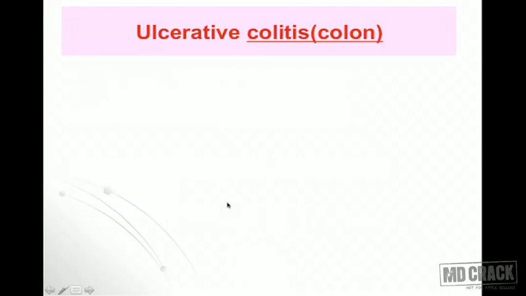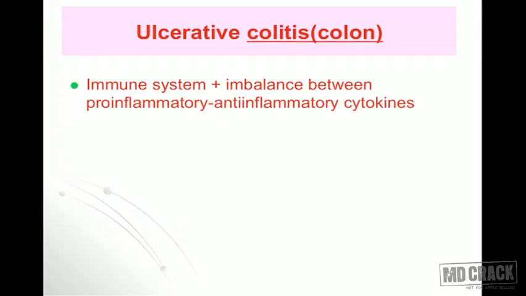Let's first sort out what are the drugs useful for ulcerative colitis. In ulcerative colitis, there are two issues involved. Number one, disturbances in the immune system. And number two, the imbalance between the pro-inflammatory and anti-inflammatory cytokines. Which are the drugs which could be used for ulcerative colitis? Number one are called aminosalicylates.